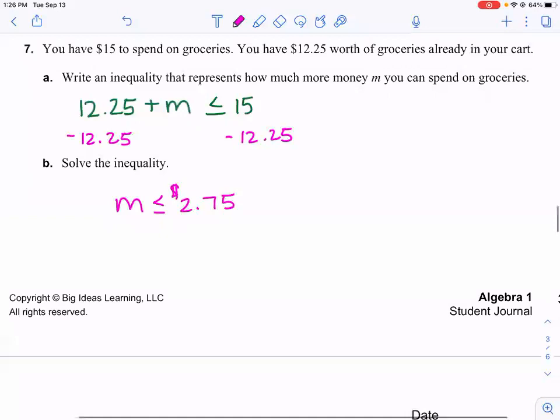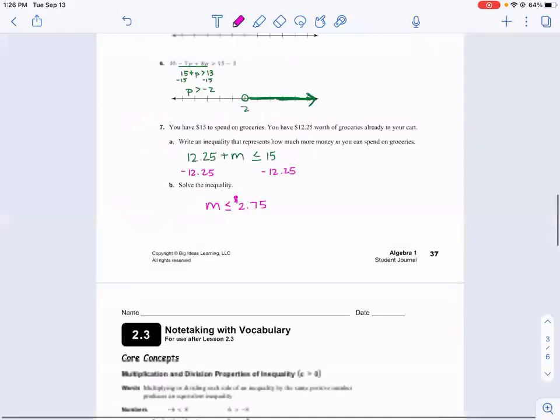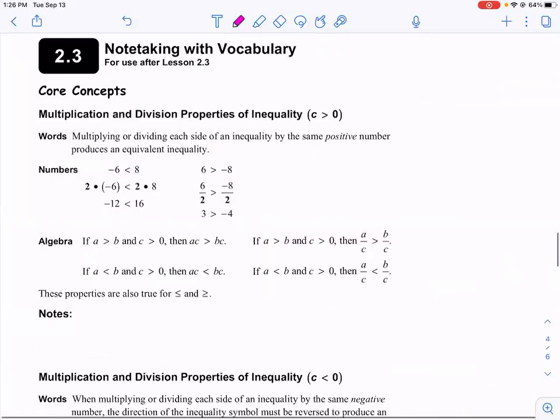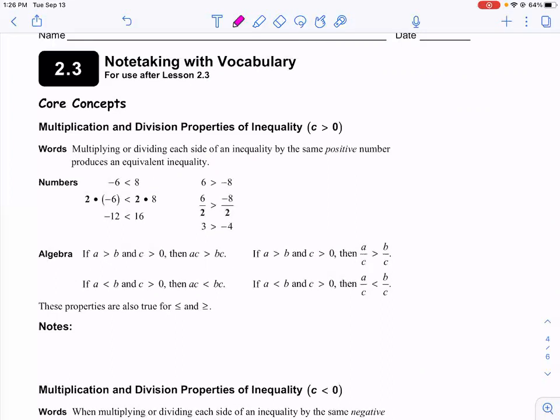All right. Please turn to page 40. I don't know if that's the next page or not, but I need you to turn to page 40. Okay.